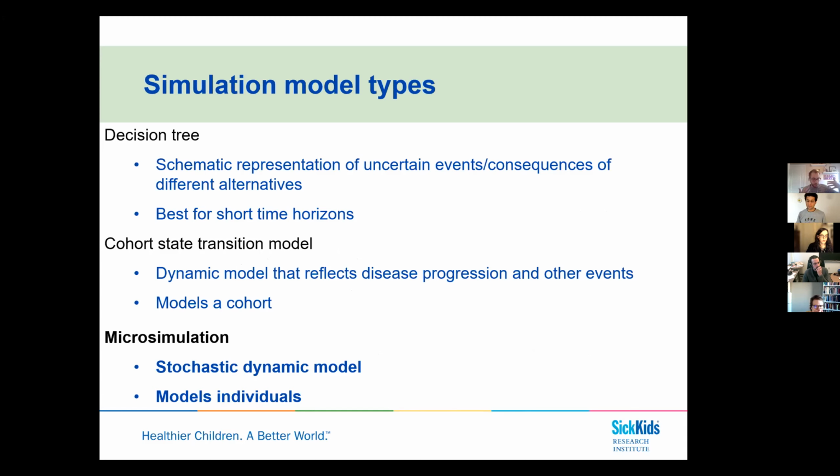Then you switch a lever on and off, say you provide the treatment or you don't provide the treatment to that population, follow them over time, and see what happens. So you create this hypothetical population that you can act upon to understand, if you were to modify some of their characteristics, what would happen to their outcomes.